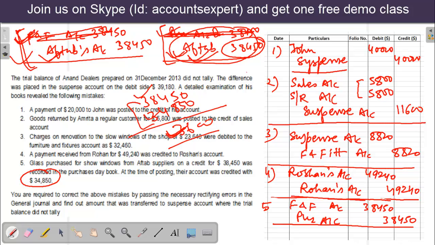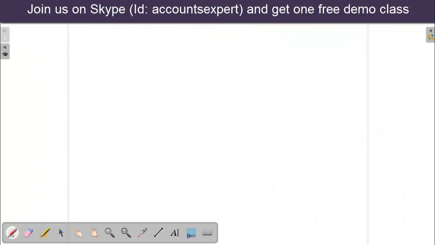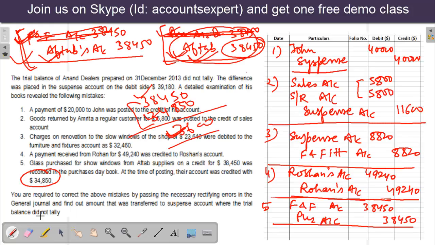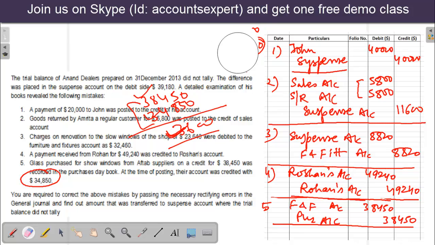So now what we will do? We will credit Aftab's account now with 3,600. Better I should pass the entry here only. So Aftab's account was under credited. See the entry number 6, I am going to pass it here.